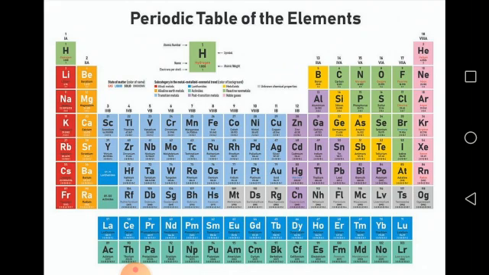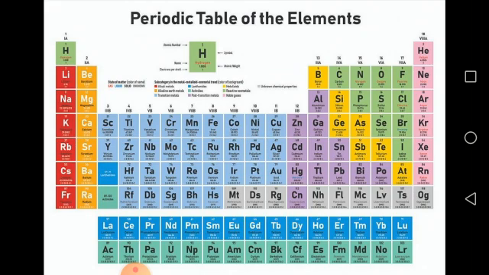This is for the block. What about the period? When we make an electronic configuration for any element, the highest n value in this electronic configuration represents the period to which the element belongs. If the highest value of n is 4, the element will be located in period 4.